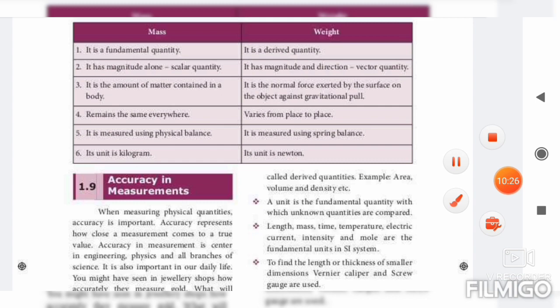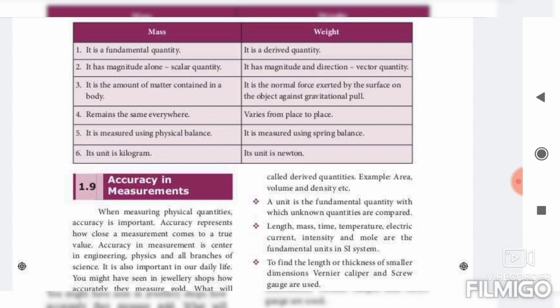Weight is the normal force exerted by a surface on the object against the gravitational pull. Fourth, mass remains the same everywhere, weight varies from place to place. Fifth, mass is measured using a physical balance, weight is measured using a spring balance. Sixth, the unit of mass is kilogram, the unit of weight is Newton.